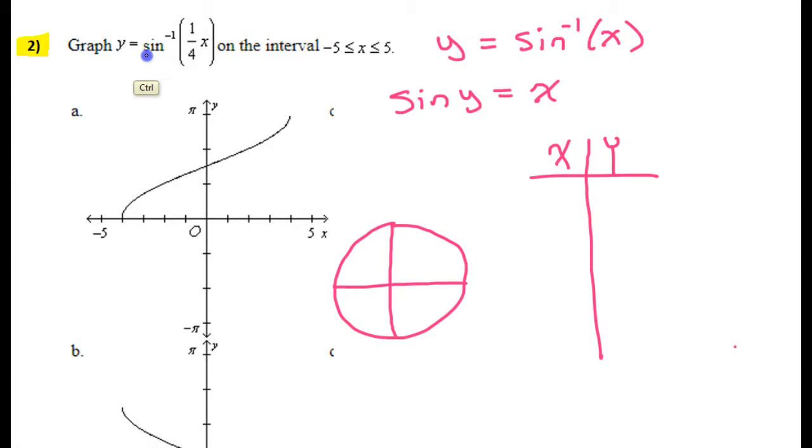Alright, so first of all, the inverse sine function is only defined on the right hand side of the unit circle, between pi over 2 and negative pi over 2. So I'm going to definitely choose y values over here.